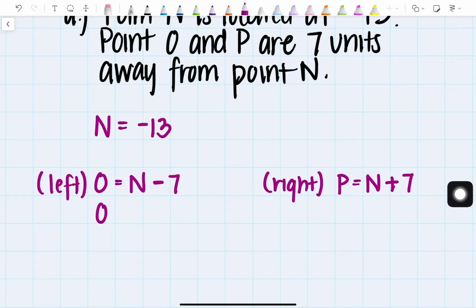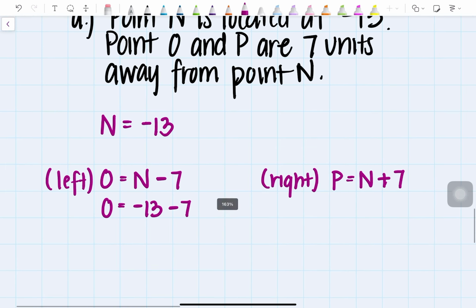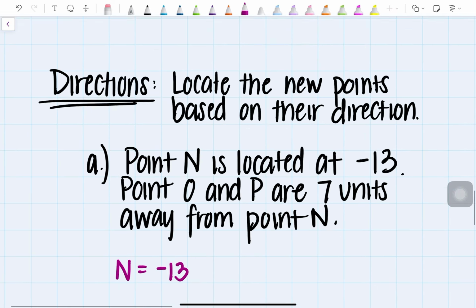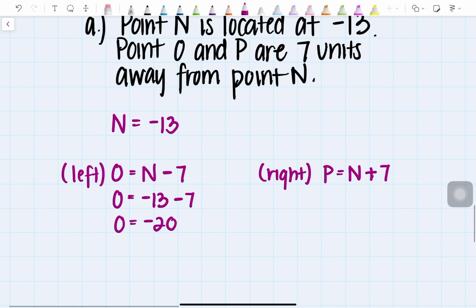So I have O equal to -13 minus 7. Notice both of these integers are the same sign, so we add them and keep the sign. So O is located at -20. Now point P, same idea.